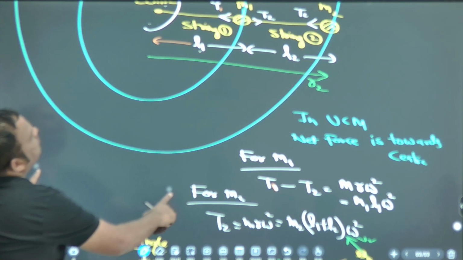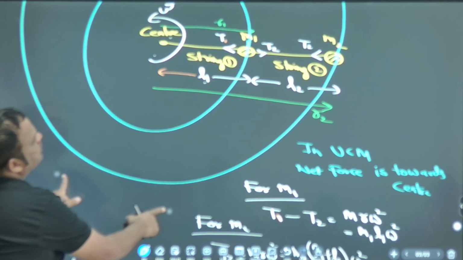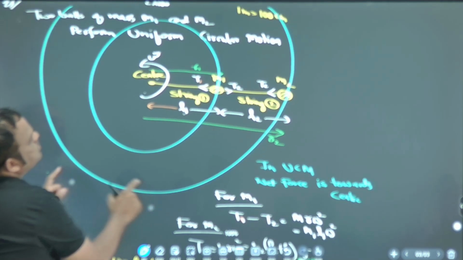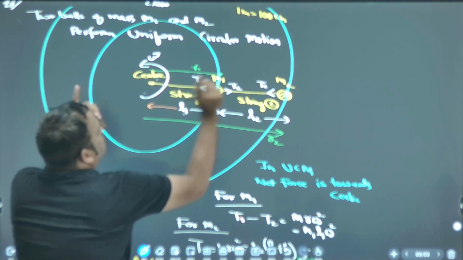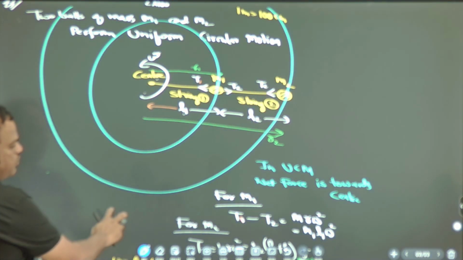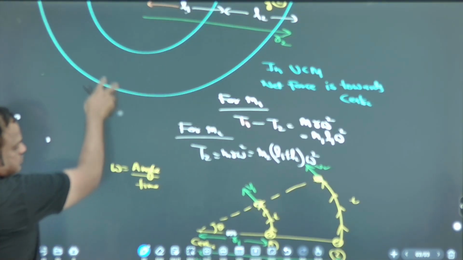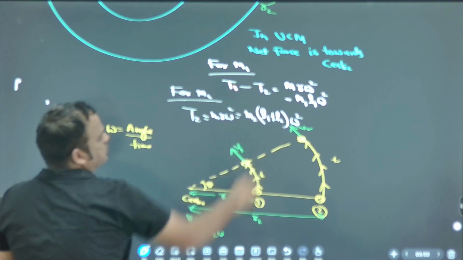I think I have drawn a big circle, okay, no problem, I can make it a small circle. Now you observe, this is the radius for M1, this is the radius for M2. So omega is same for both.